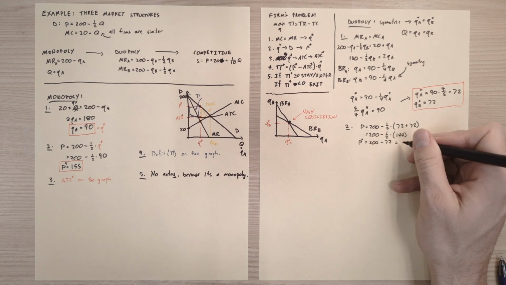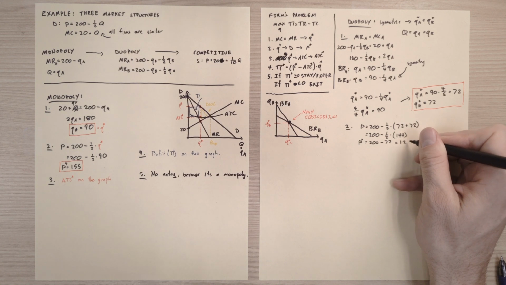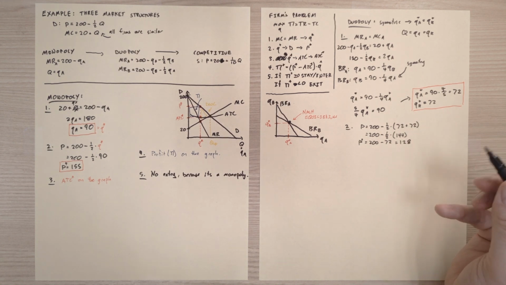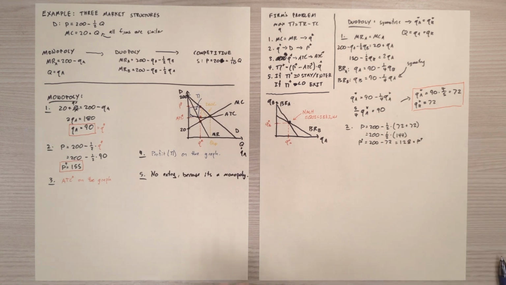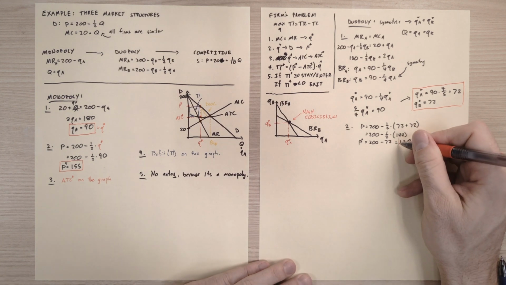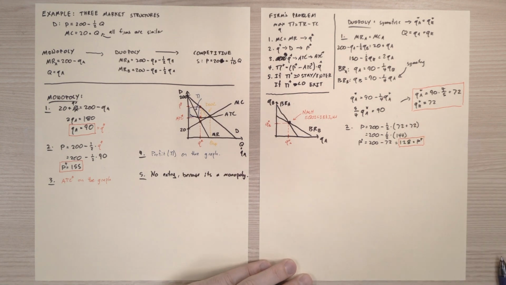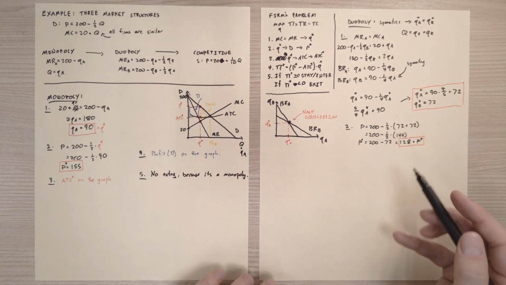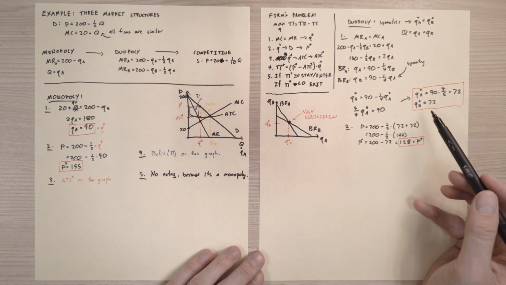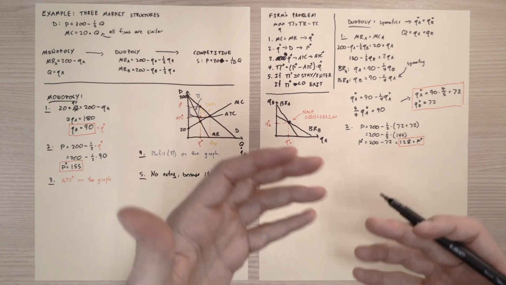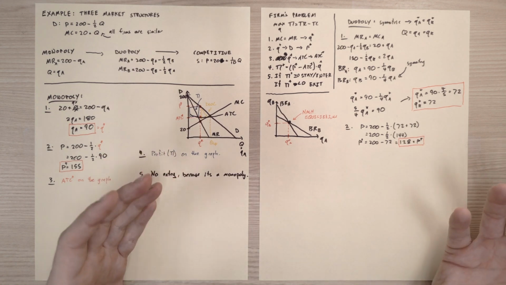And this thing comes out to be 128 is our P star. Okay, nice. So we have price, we have quantity, and we could continue going.